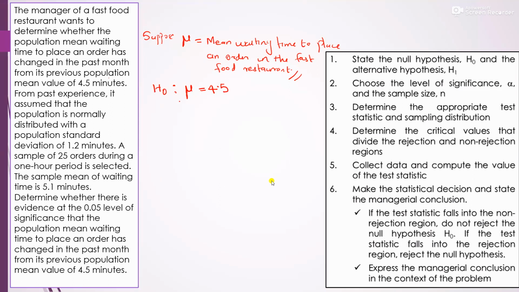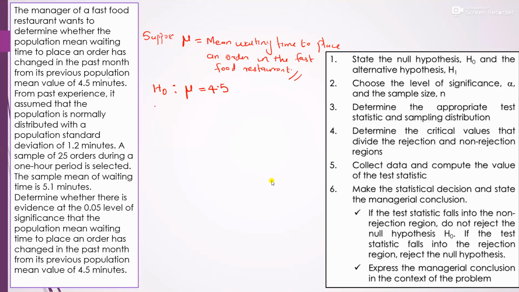Without defining mu, we don't know what mu is, because there are different means. So when you are introducing notation in the hypothesis test, you have to write it. We know that mu denotes the mean, but which mean mu denotes, you have to specify. Based on the problem, it is the population mean waiting time to place an order, right? So mu is equal to 4.5.